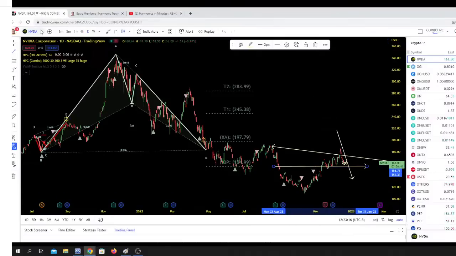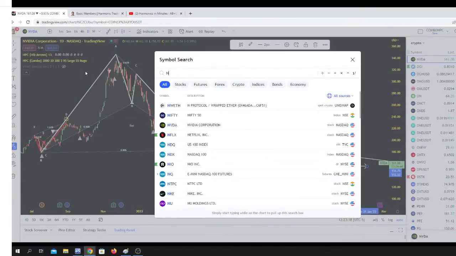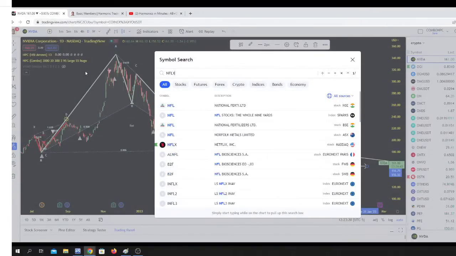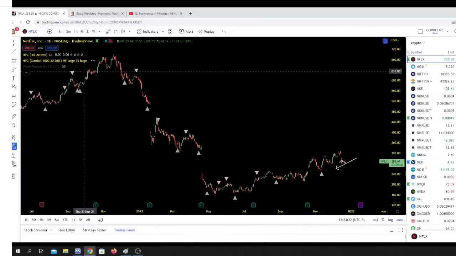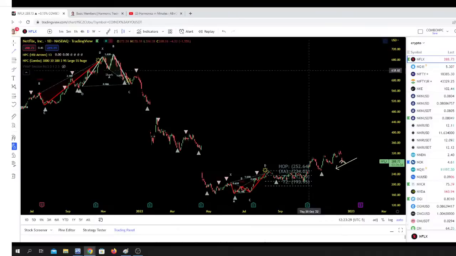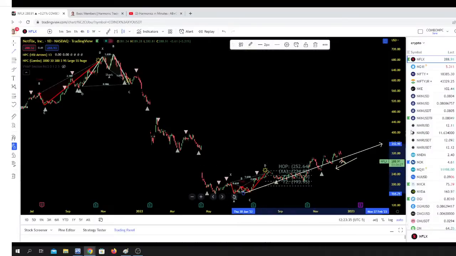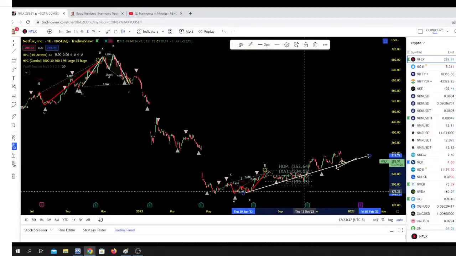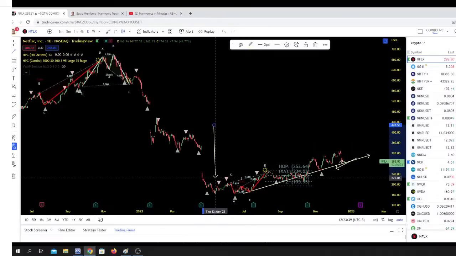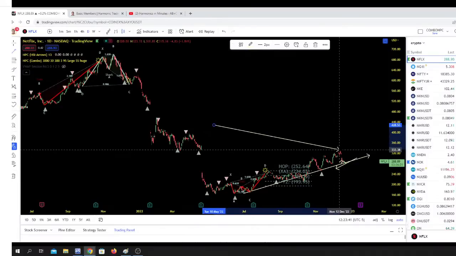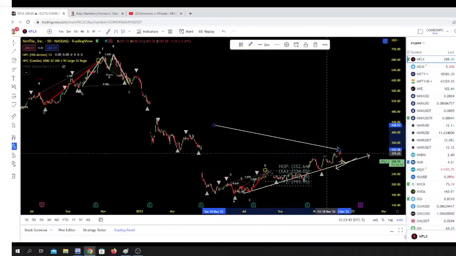Couple more of these, and I'm looking for entries. I think put positions, if these don't trigger a bullish HSI, or they continue to roll over, or even worse, something like Netflix, if that were to break down, that means this whole move from May till end of the year is fluff.